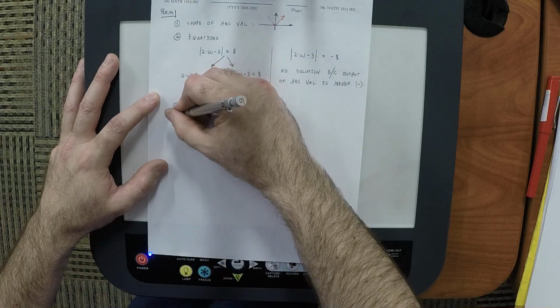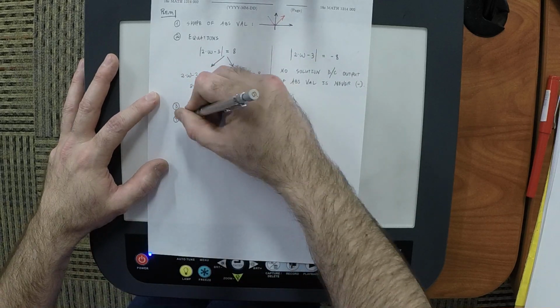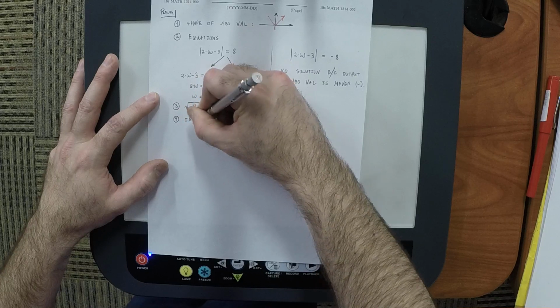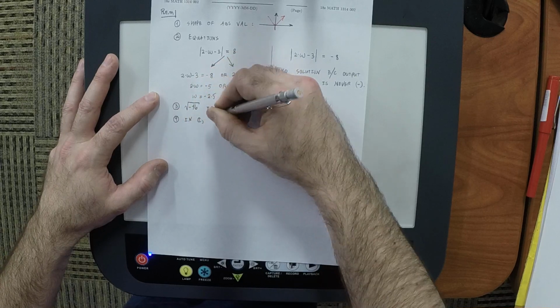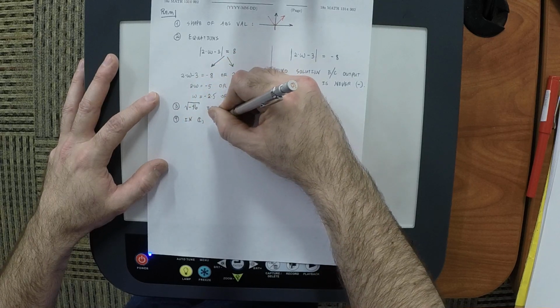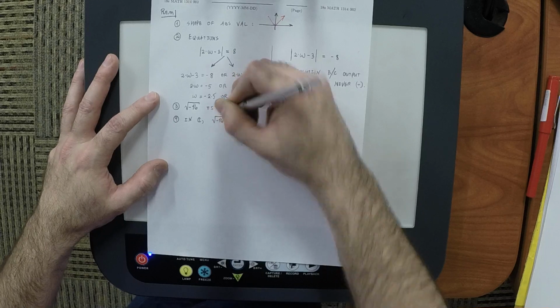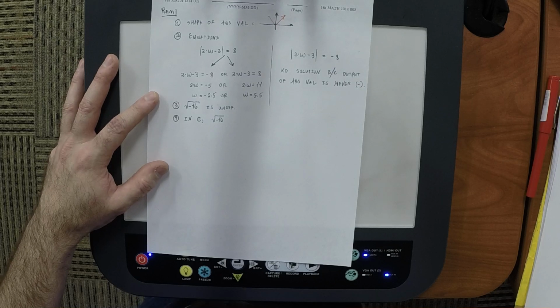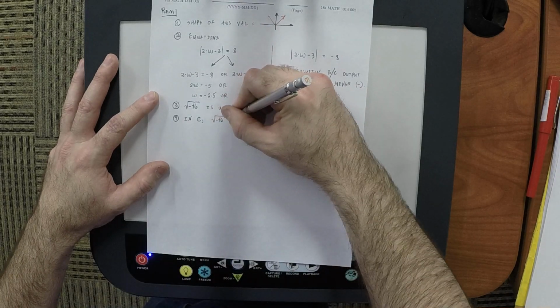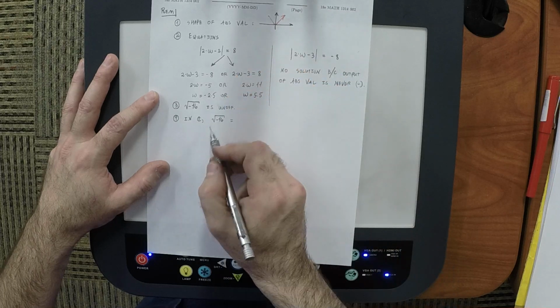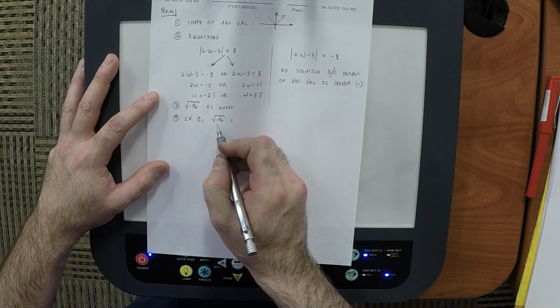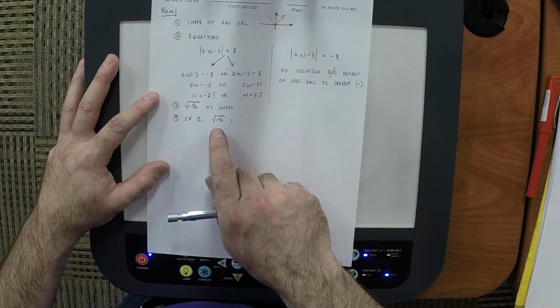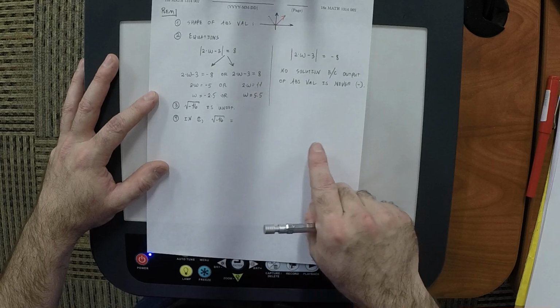What if I modify it just slightly and I say, in the complex numbers, the square root of negative 16. Now what's the answer? 4i.